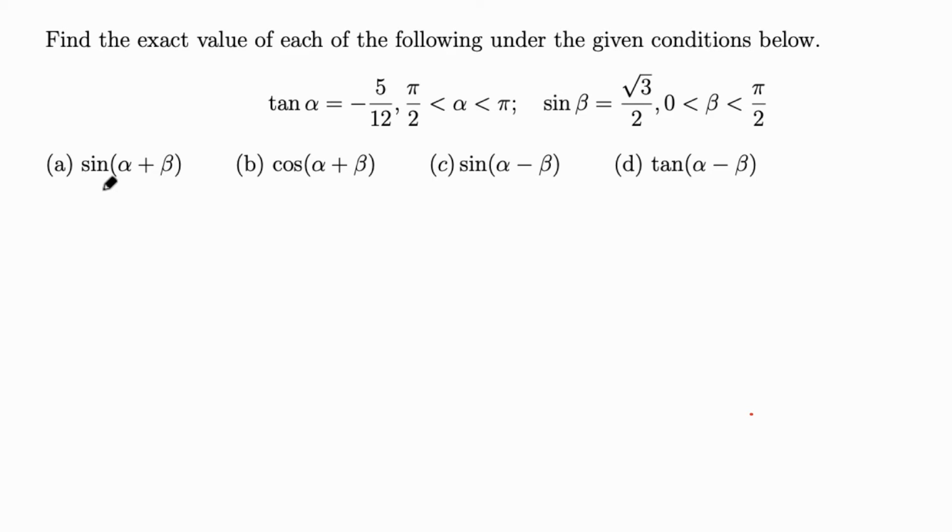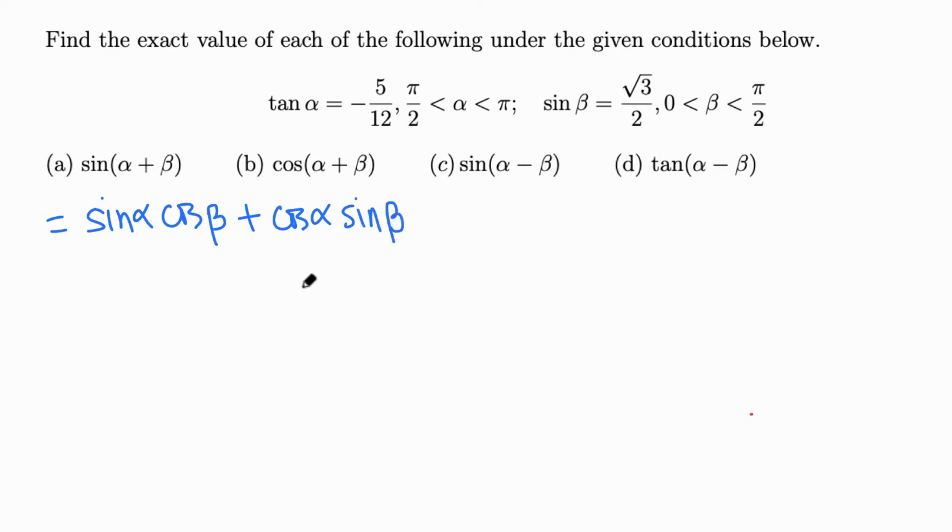Now we are asked to find sine of alpha plus beta. We know that sine of alpha plus beta is not simply sine alpha plus sine beta. That's not true. According to the formula, sine of alpha plus beta is sine alpha cosine beta plus cosine alpha sine beta.